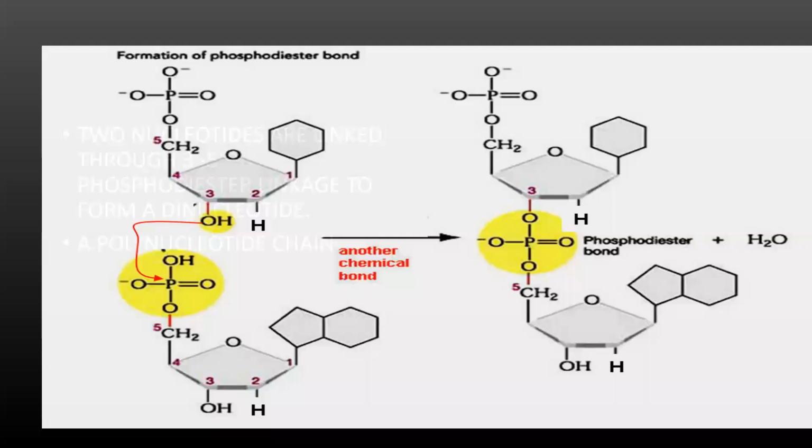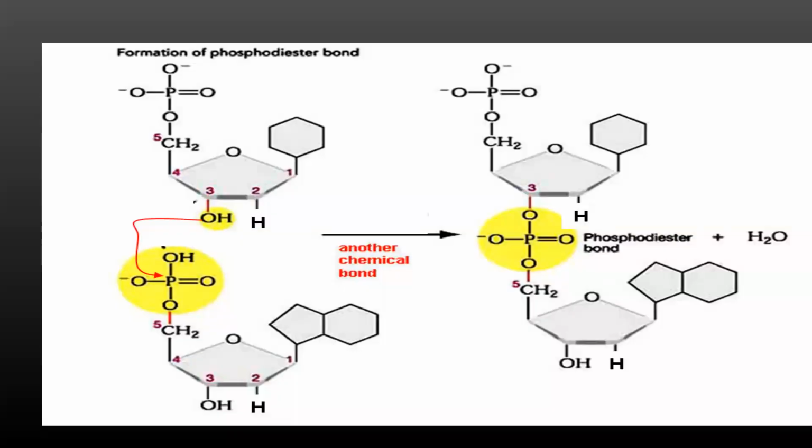This one has already formed a phosphoester bond with this phosphate. Now this phosphate is going to join this and form another phosphoester bond, another ester bond. That's why it is called a phosphodiester bond. There are two ester bonds: one with the original base, which is already formed, and now this one will join here and form another ester bond. That is why it is called ester.